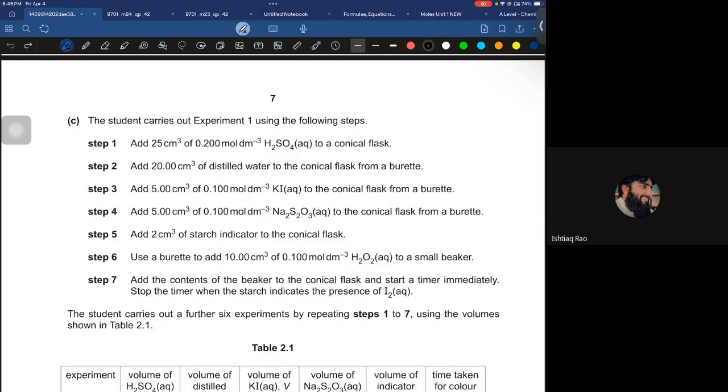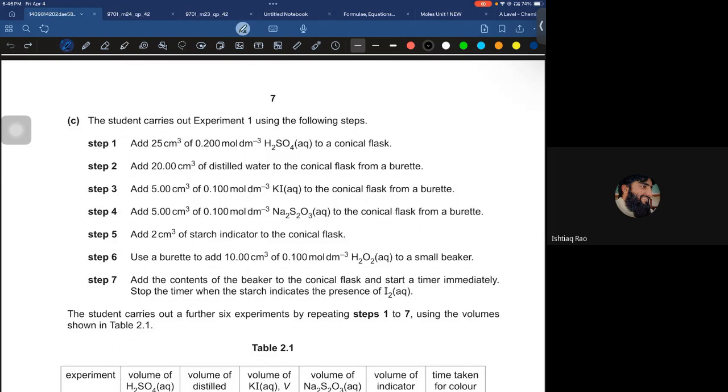Add 5 cm cube of 0.1 mole per dm cube sodium thiosulfate from a burette. Add 2 cm cube starch indicator to the conical flask. Use a burette to add 10 cm cube of 1.1 mole per dm cube H2O2 to a small beaker. Add the contents of the beaker to the conical flask.